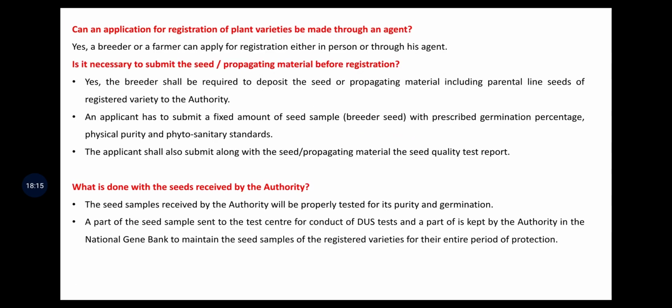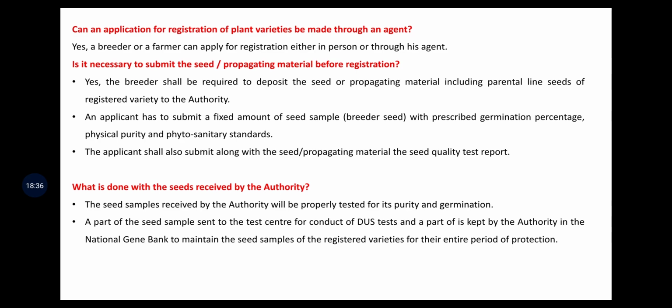Can an application for registration of plant varieties be made through an agent? Yes, a breeder or a farmer can apply for registration either in person or through his agent. Is it necessary to submit the seed or propagating material before registration?